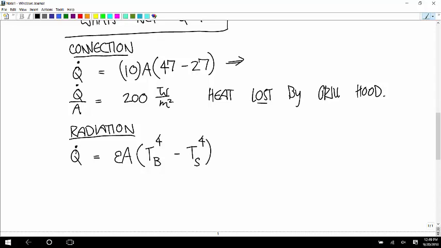I might have switched the order of what I told you before, but we're going to think about the signs after we're done anyways. So let's just do it like this. So Q dot over A is equal to 0.93 sigma.